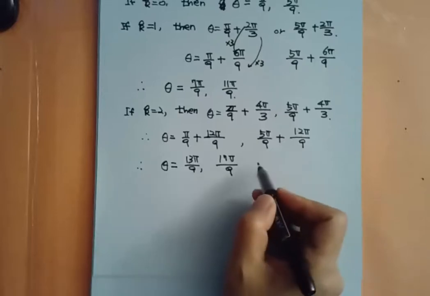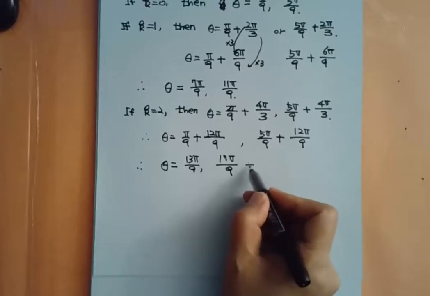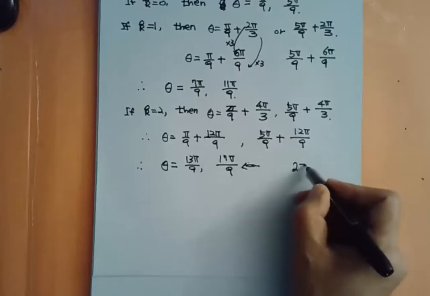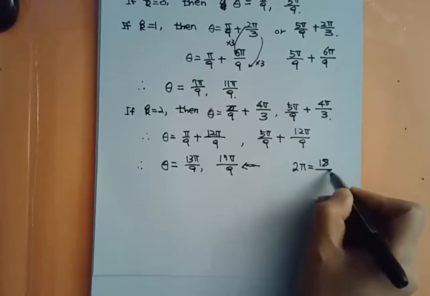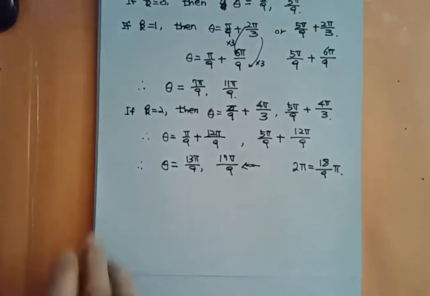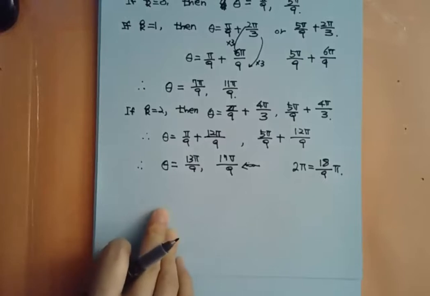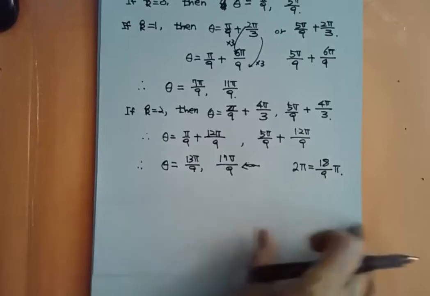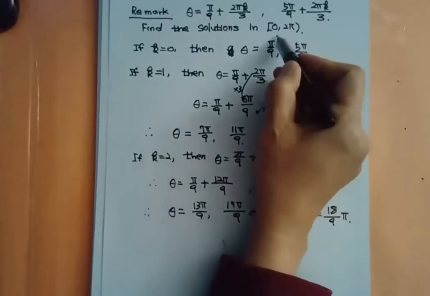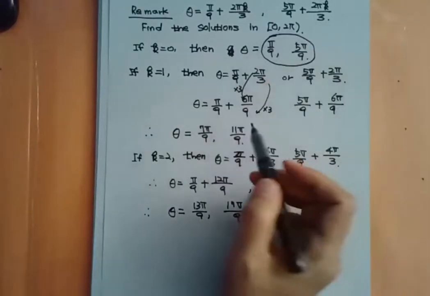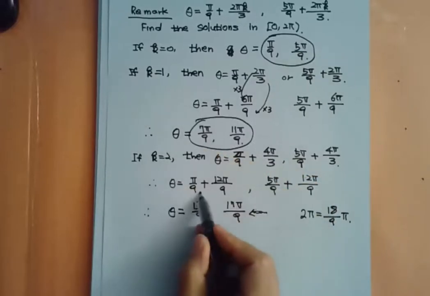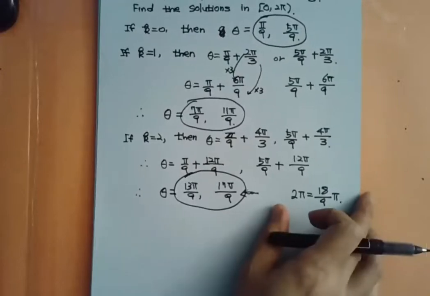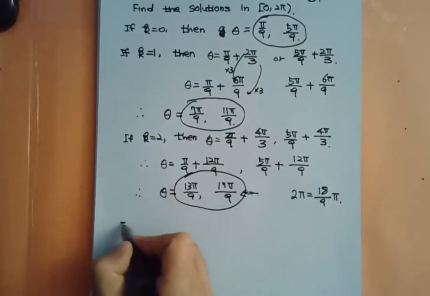So what you notice is it is pretty close to 2 pi because 2 pi equals 18 over 9 pi, right? So you can imagine that probably the answers are these 6. But for safety, we can check with k equals 3.